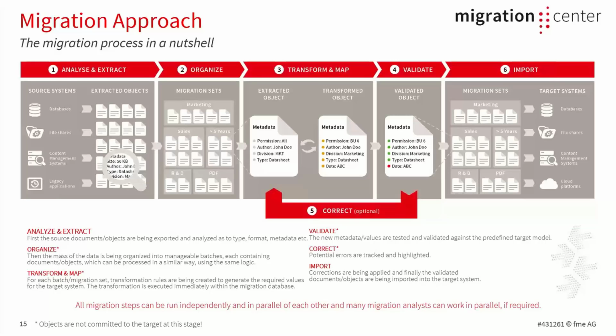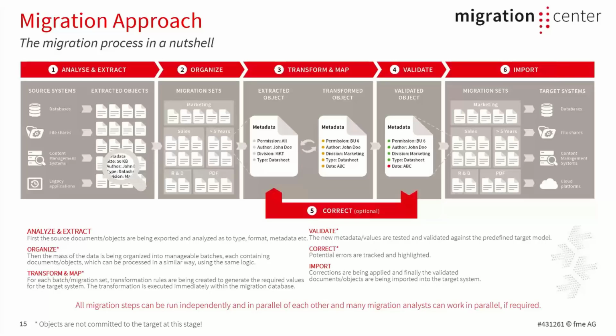After you have configured the migration sets, you will configure transformation rules by which the source metadata maps to the target metadata, and also transform the metadata. After you have transformed it, you also have an option of validation to validate the metadata, preventing a lot of errors before even touching the target system.